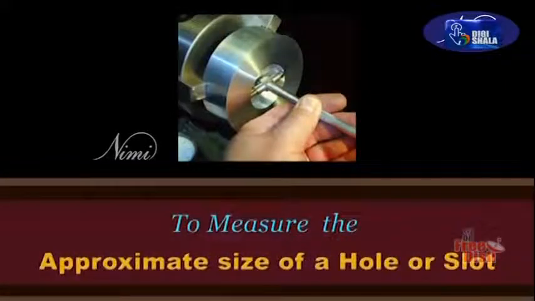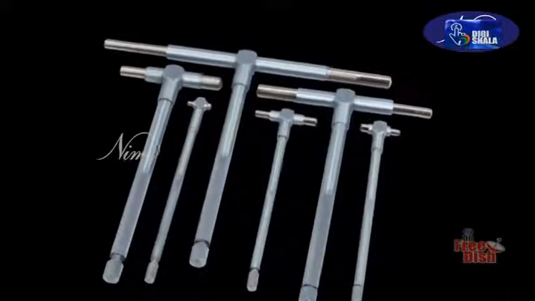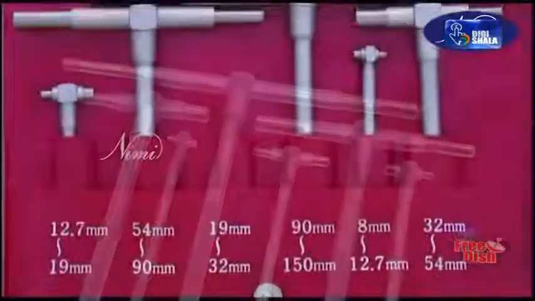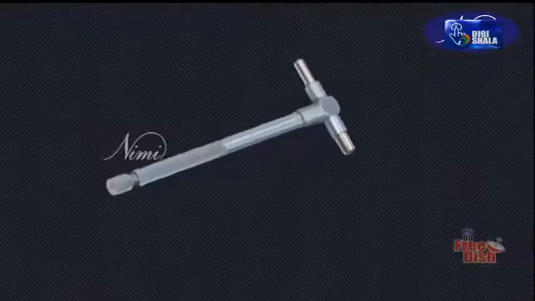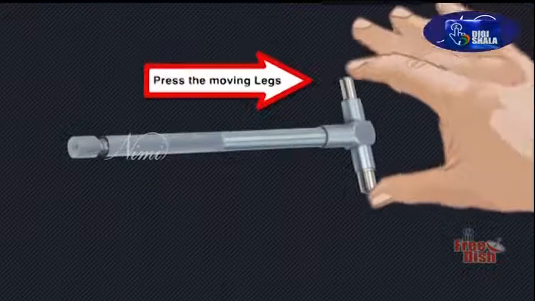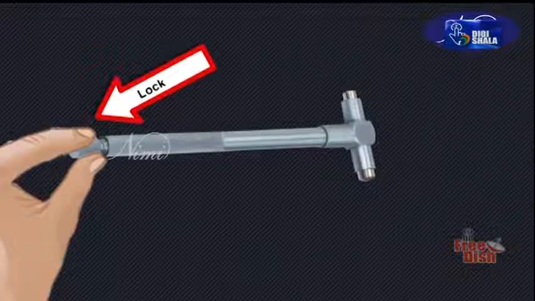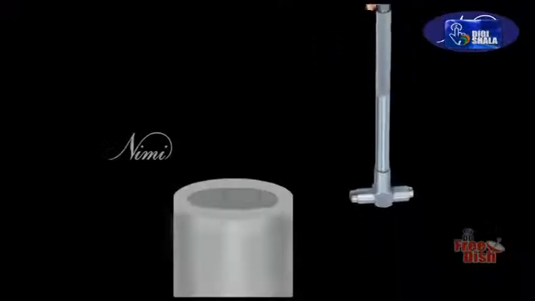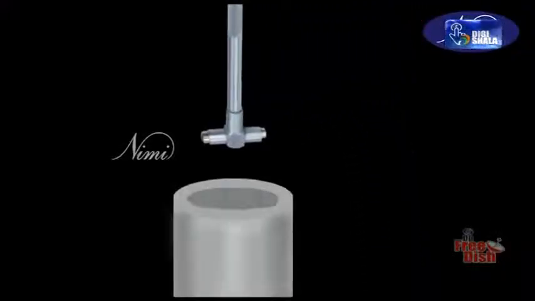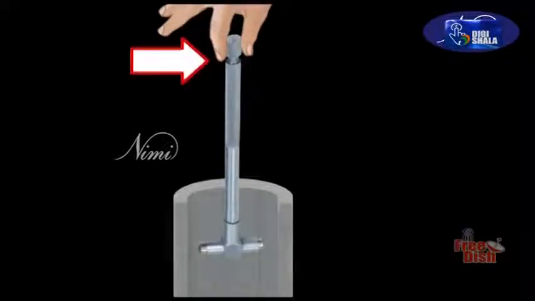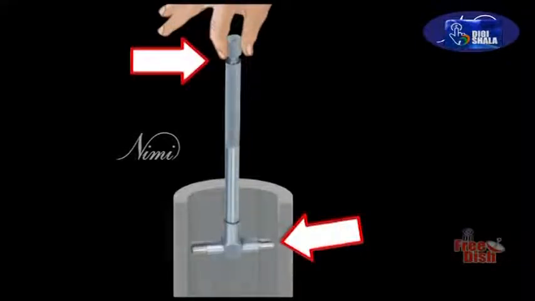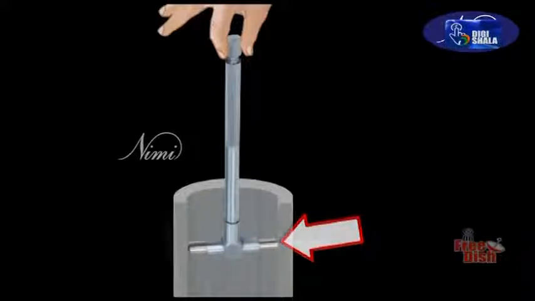To measure the approximate size of a hole or slot, select a suitable range of telescopic gauge. Press the moving leg gently and lock the telescopic gauge. Place it inside the hole. Release the pressure and allow both the legs to touch the wall of the hole.